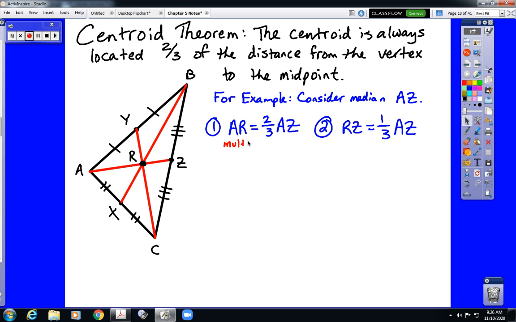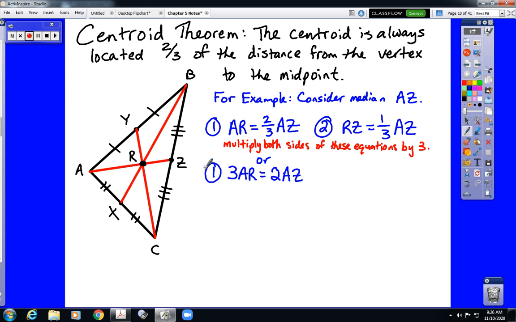So if we multiply both sides of that equation by 3, we can clear those fractions out, and we can say that 3 times AR equals 2 times AZ, or we can say that 3 times RZ is AZ.